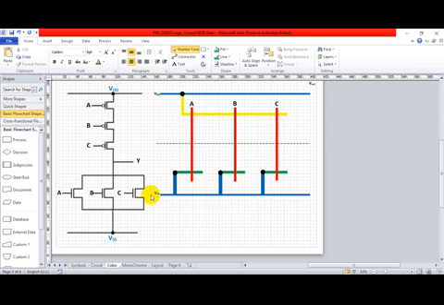The next job is to short the drains. Now I can extend this very easily. I can extend this drain here. Now I need to short all these drains.